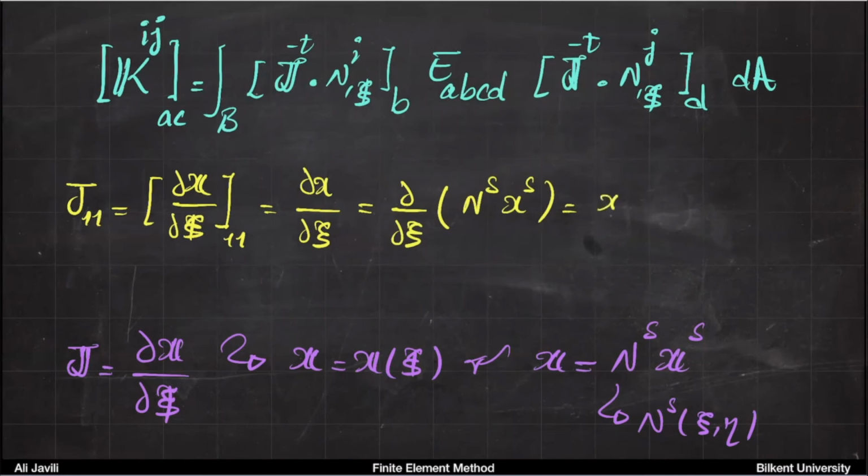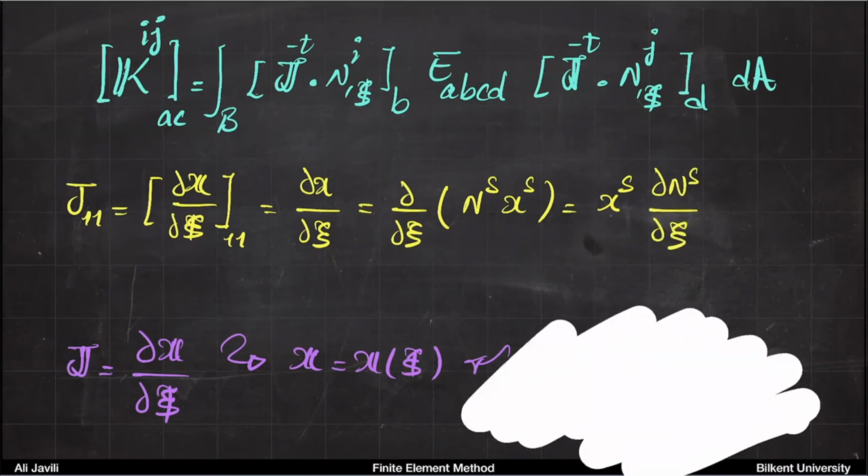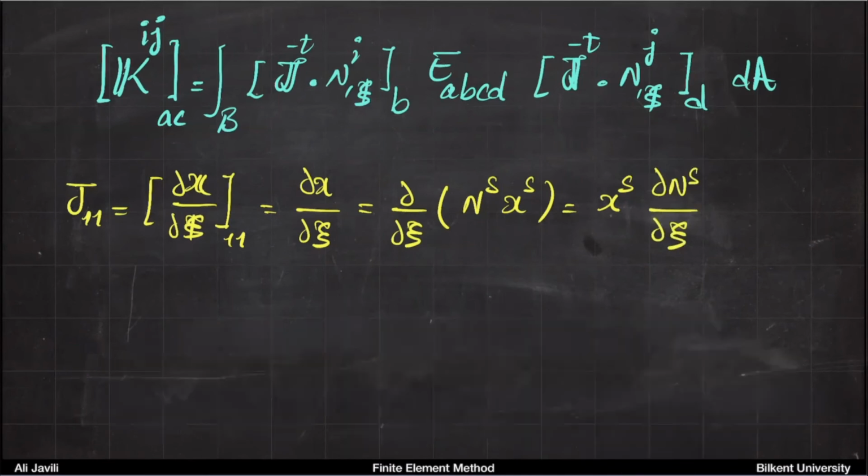So you would have X_s times derivatives of N_s with respect to Xi. If you want to expand it, then you would have something which looks like this.